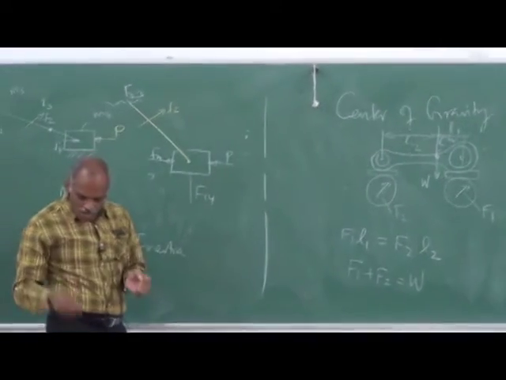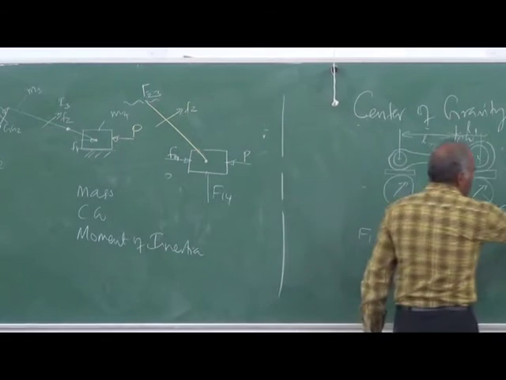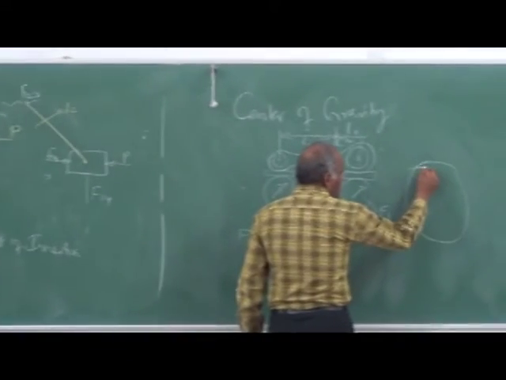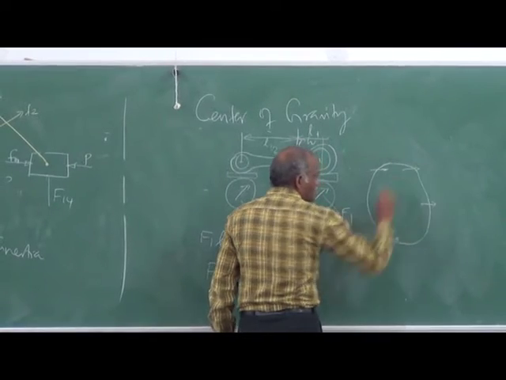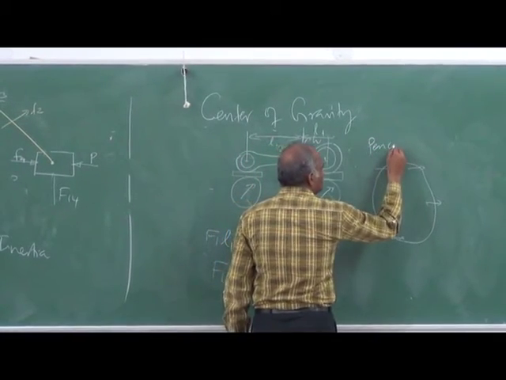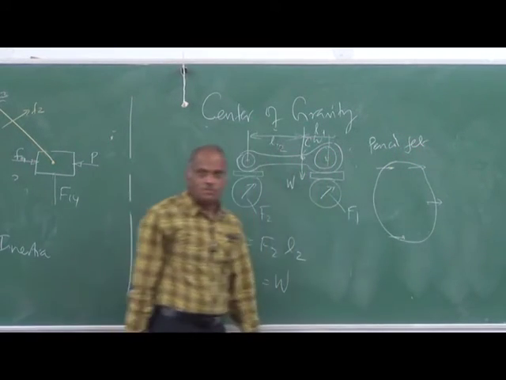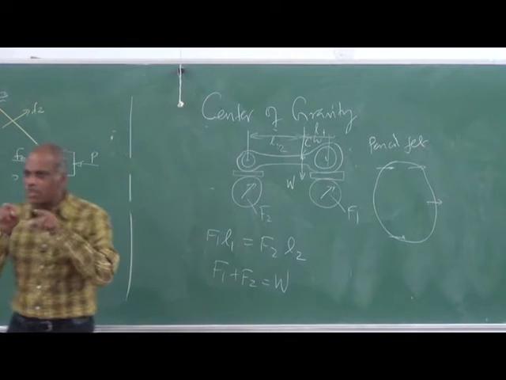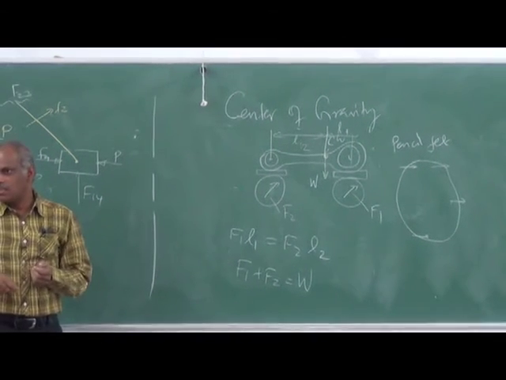So there will be small rockets in the satellite. If I take this as a satellite, there will be small rockets at different locations. They are called pencil jets. Small jet streams come out of them and produce reaction forces.